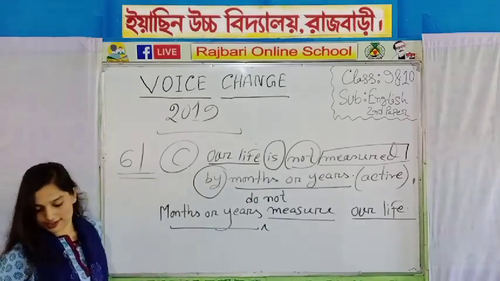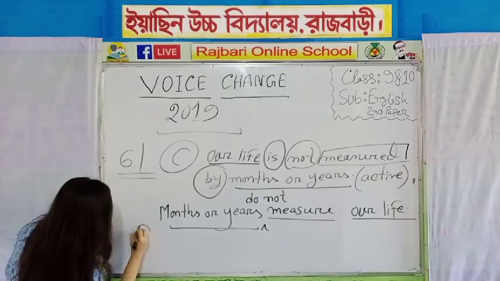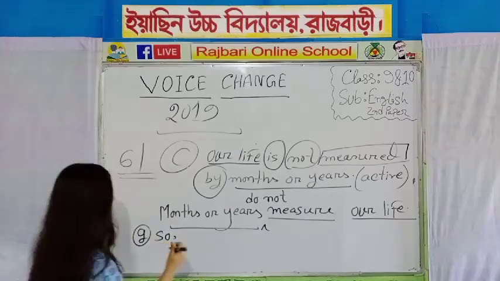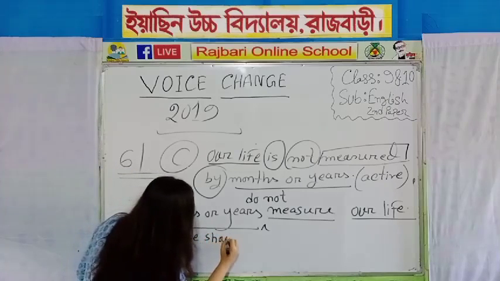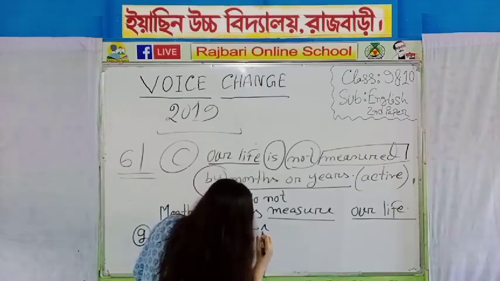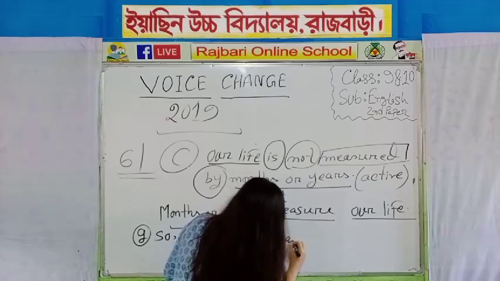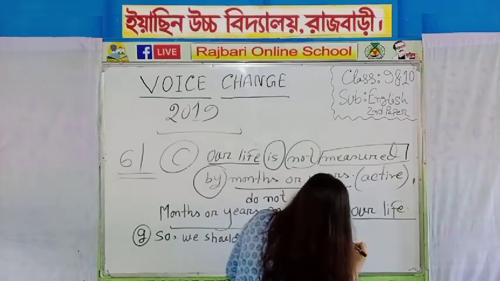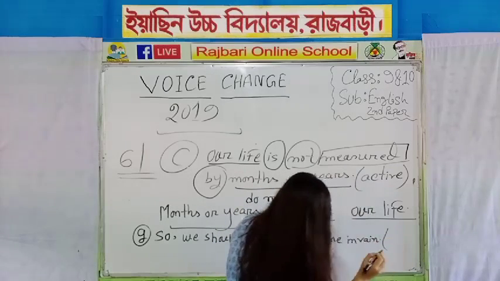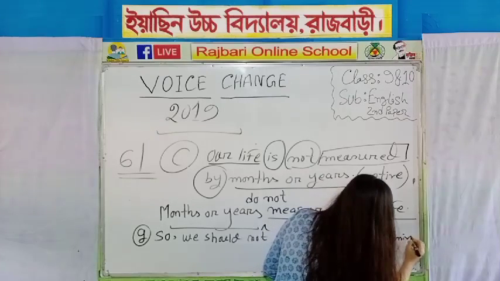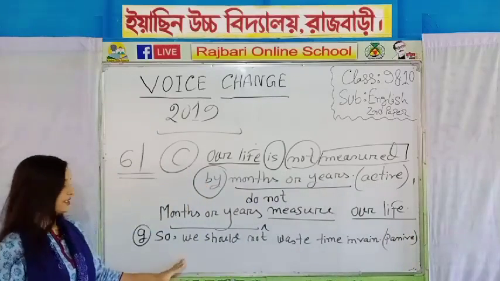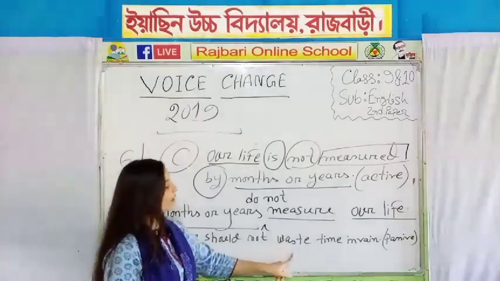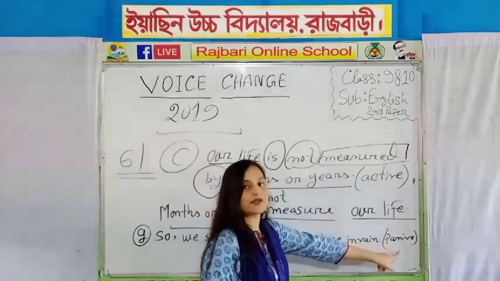Now your second question was number G. The question was, so we should not waste time in vain, with a comma, and in bracket, passive voice.